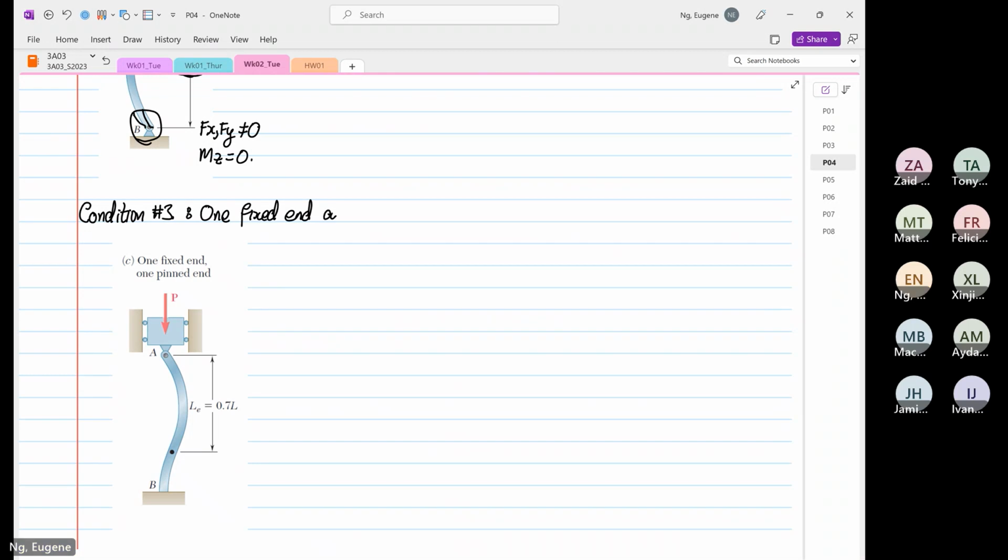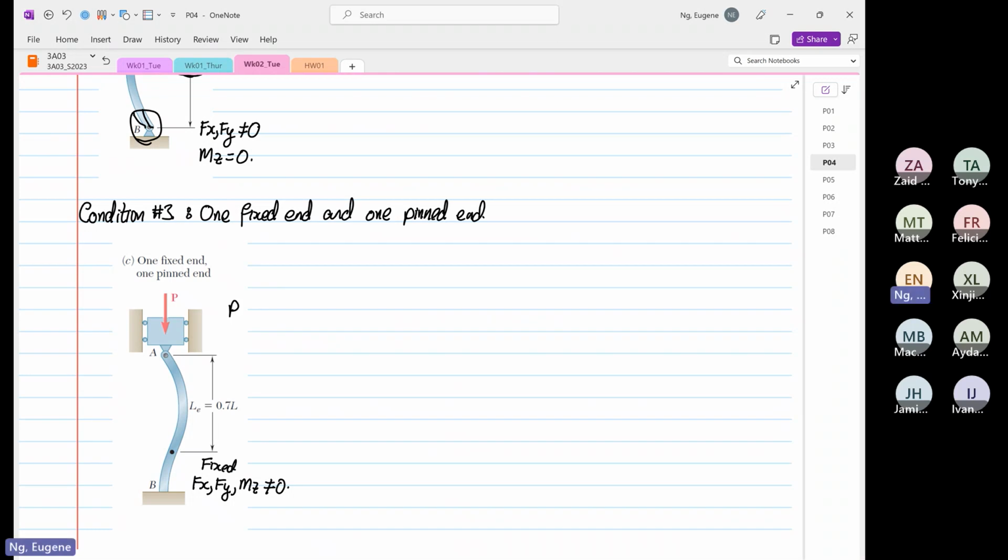and one pinned end. As you can see, at point B, the force in the x direction, force in the y direction, and moment in the z axis are not equal to 0. So this end is what we call fixed.